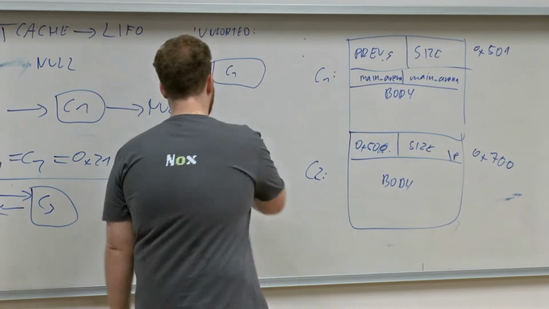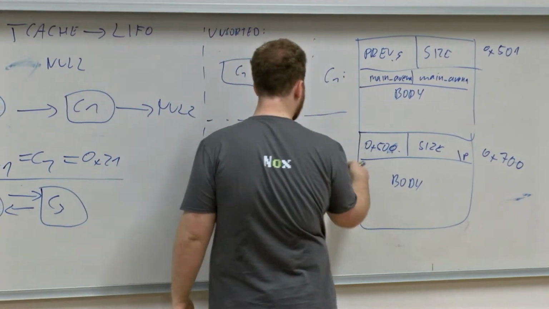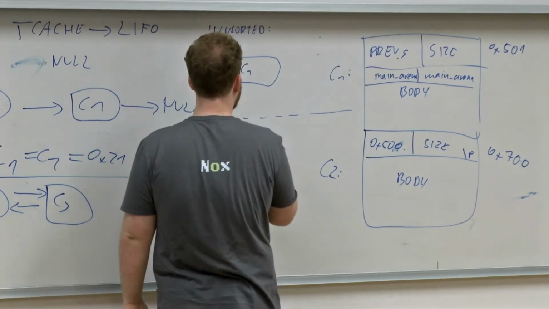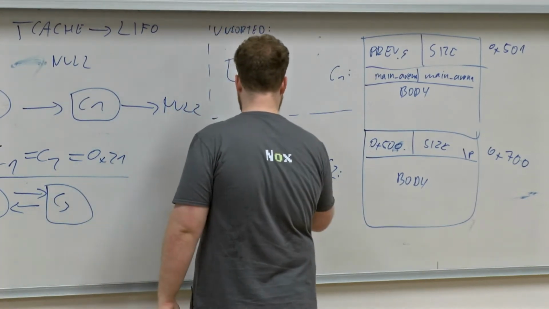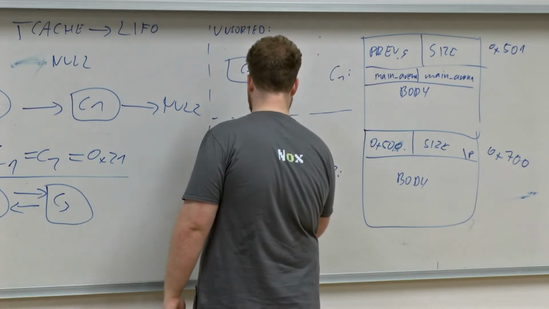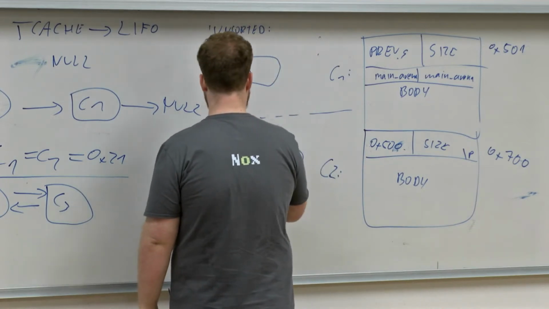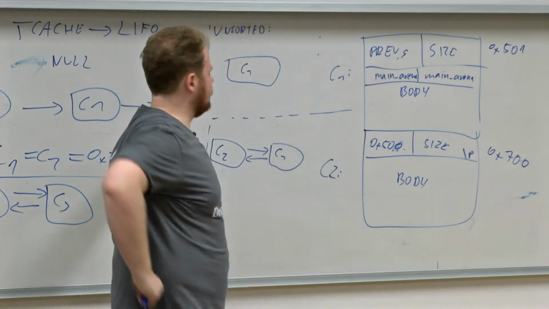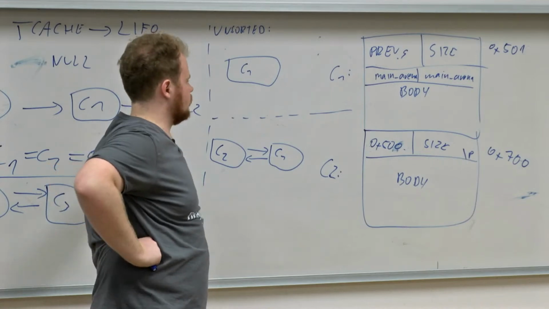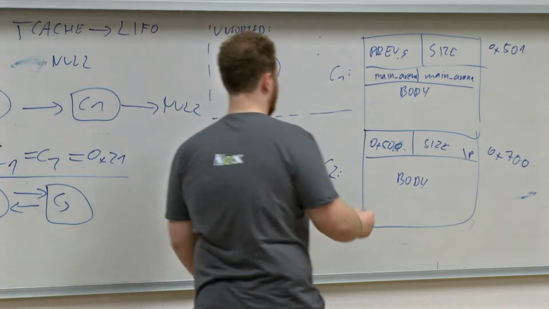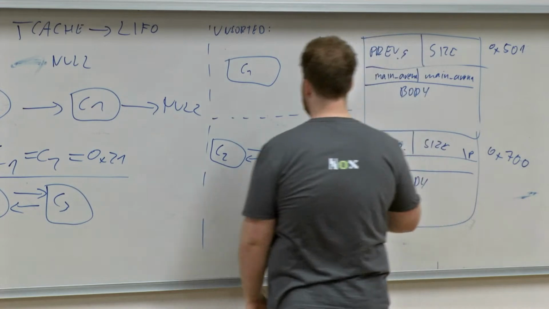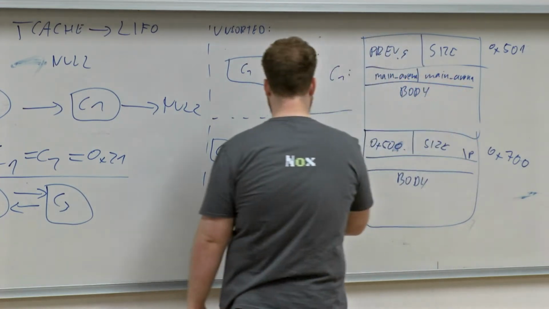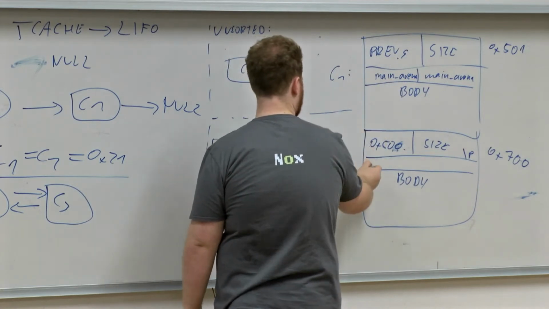Okay, but then we do step 2, and we also free this chunk. Now, what should happen is this: C2, C1, and this should be the state of the unsorted bin after the second chunk was freed. And also here are the pointers. So this one does not point anymore to the arena. It points to this chunk over there.